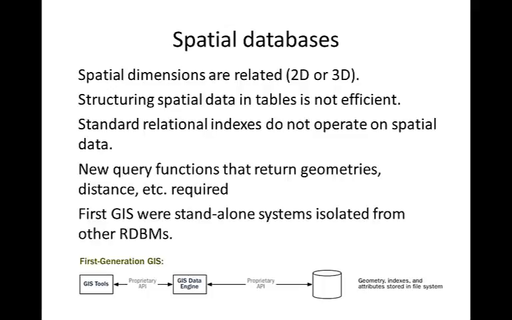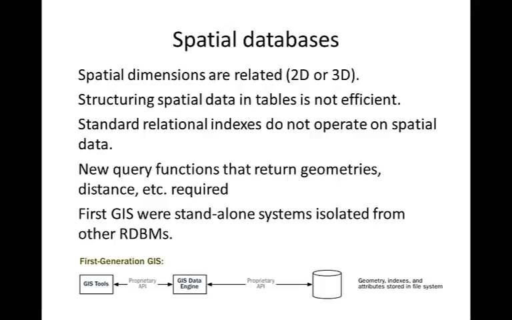Now, what is the separation here? Well, this is the database. It stores the geometry, the indexes, and the attributes. So this is merely storage. The database engine in this diagram is basically the query engine. This is how the spatial queries are undertaken. And the GIS tools is the interface that sits on top of that. So at the bottom, we've got the data.